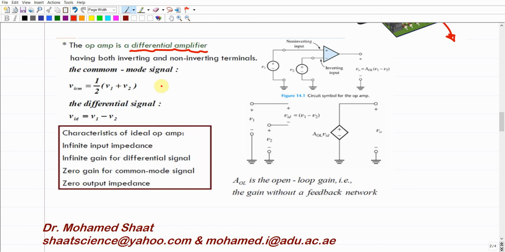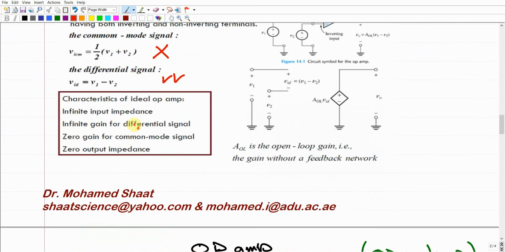It means that we don't need any common mode signal, so we have to cancel it. Since this signal depends on the average of the two input signals, this term has a value, but it should be multiplied by a zero gain through the amplifier to cancel it. We should end up with just the differential signal, and this is the main function of the operational amplifier.